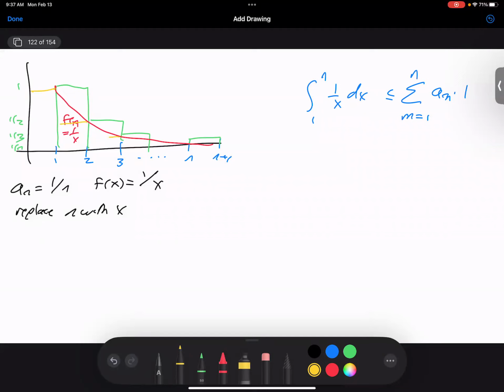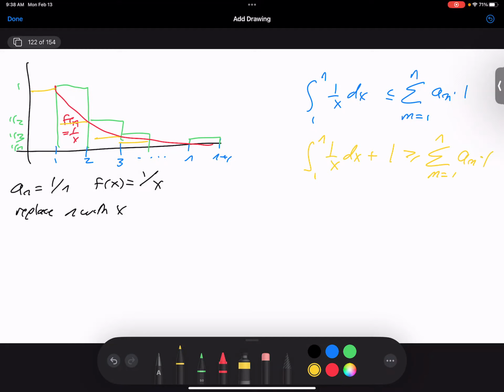And if I have my boxes go like this, now the area under the integral is going to be larger than the boxes, except that I missed the first box. So then I would have the integral from 1 to n of 1 over x dx plus that first box 1 would be greater than or equal to something like the sum m goes from 1 to n of a_m times something like that. I might be off by the last term, but this is roughly what's going on.